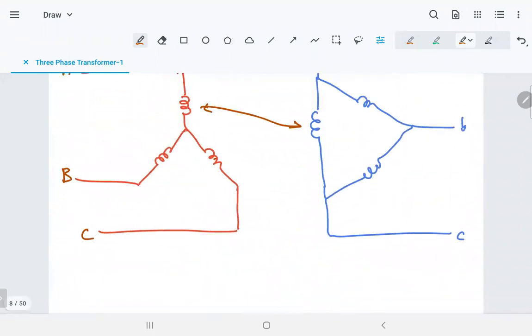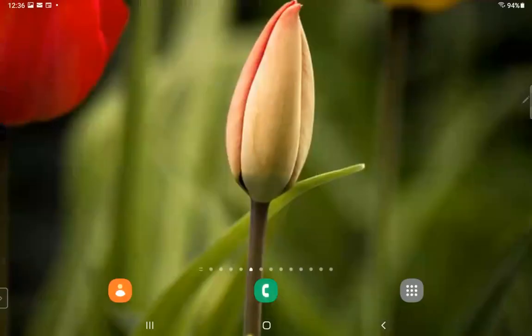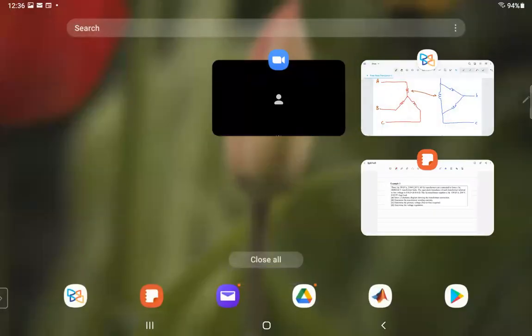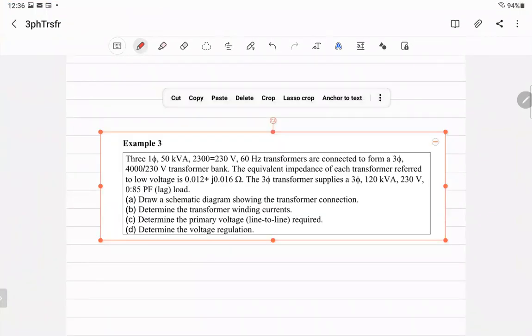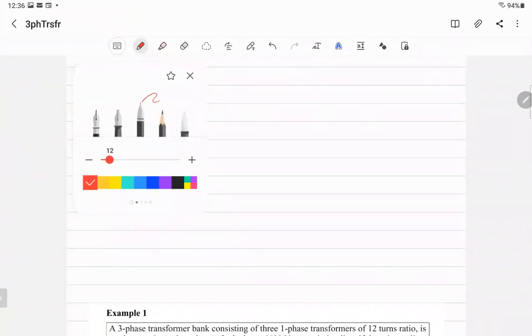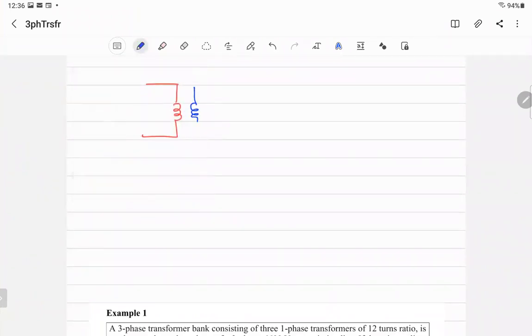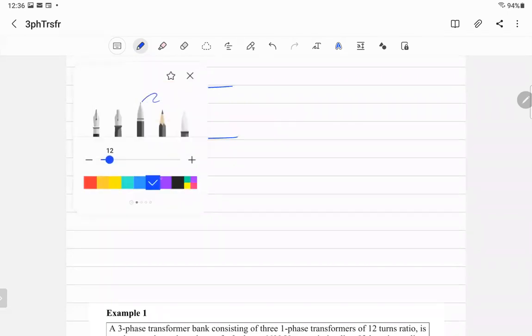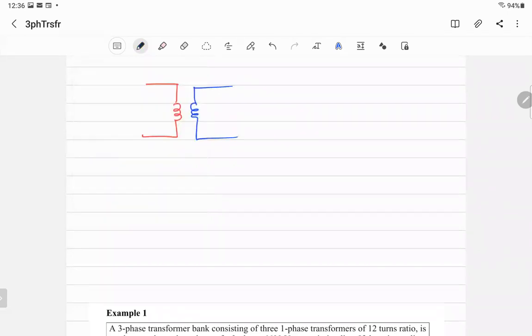Example, if you have a single phase transformer like that, and you have the rated values given, like if you say that's 10 kVA, and let's say it's 2000 over 200 volts.